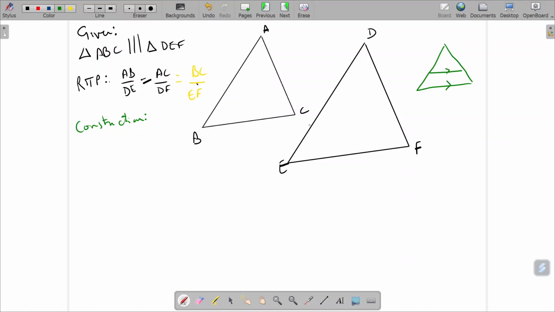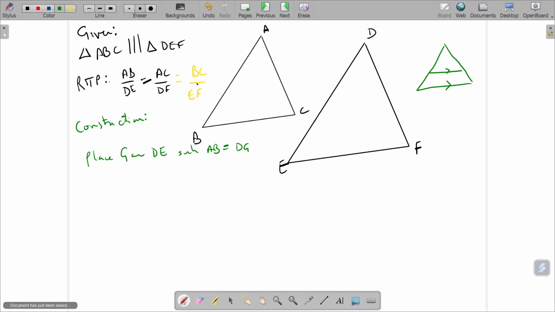And so the skill here is to make this new situation look like the old situation. And so what I'm going to do is I'm going to place point G on DE such that AB equals DG.